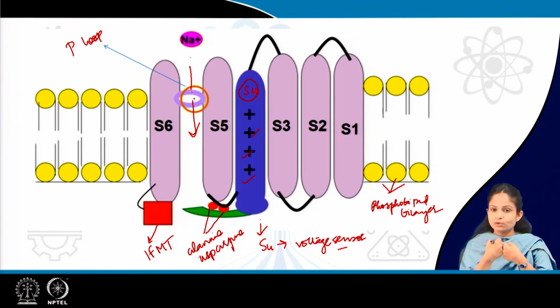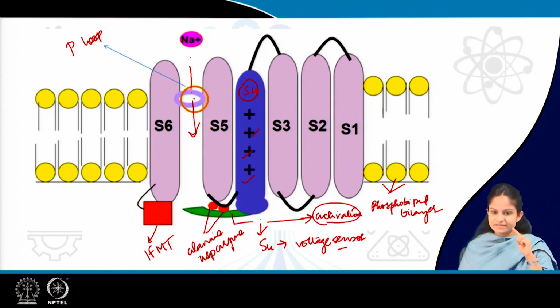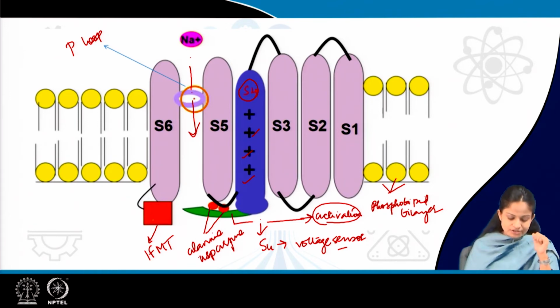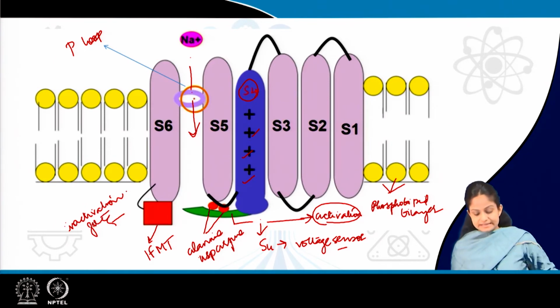Initially there won't be any bond because this green color is the activation gate. This green activation gate is lying in between these 2 amino acid moieties. That is why these 2 moieties can't form a bond, and actually these 2 moieties form the inactivation gate, or the closing of the gate.